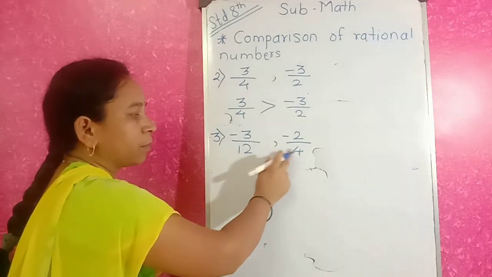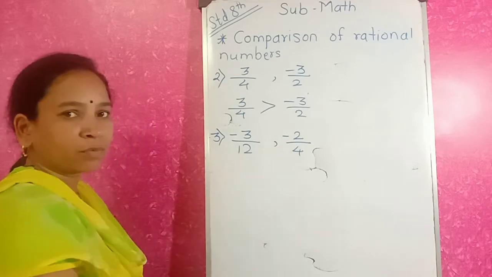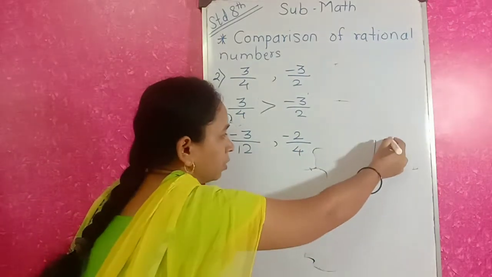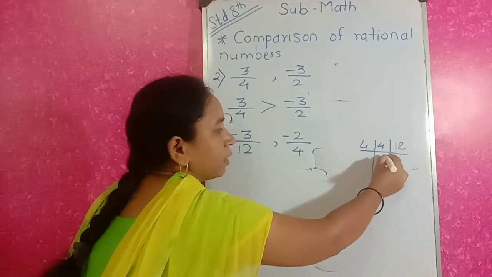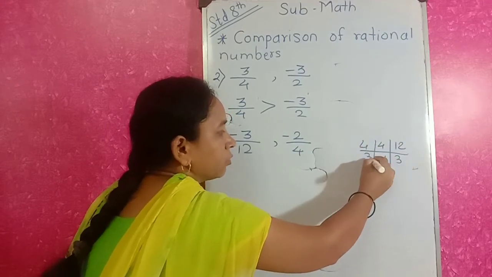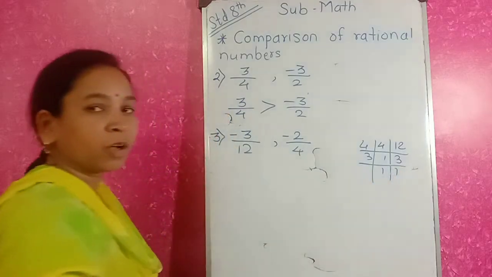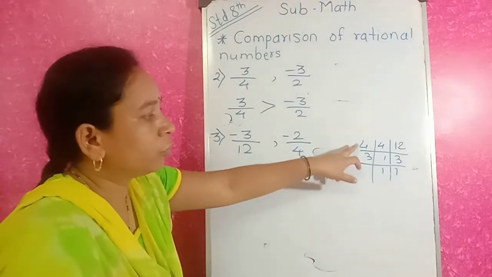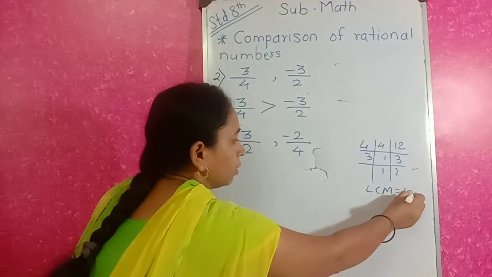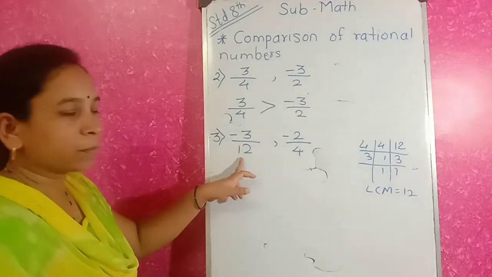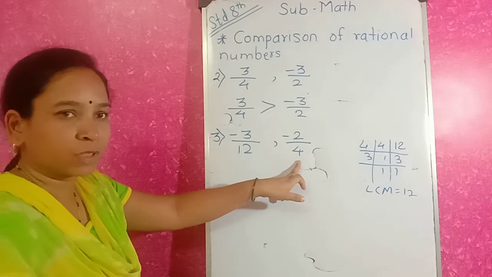In the 4th table, what is the LCM of these two? I can check. 4, 12. What is the LCM? I can divide: 4 1s are 4, 3s are 3. LCM you have studied in 7th standard. 4 3s are 12. So the LCM is 12, that is, 12 will come in the 12th table and it will come in the 4th table also.